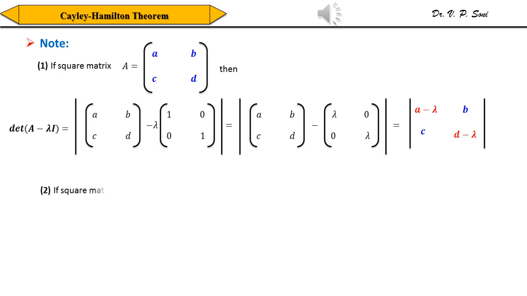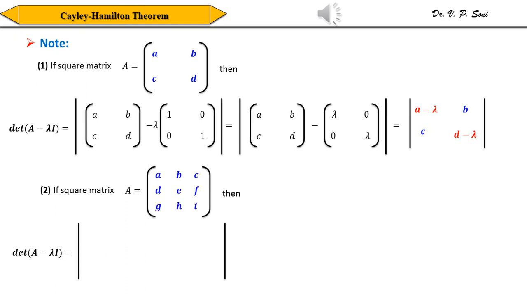Second, if the square matrix is 3 by 3 whose first row is a, b, c, second row d, e, f and third row g, h, i, then determinant of A minus lambda I equals determinant of matrix A minus lambda times identity matrix.